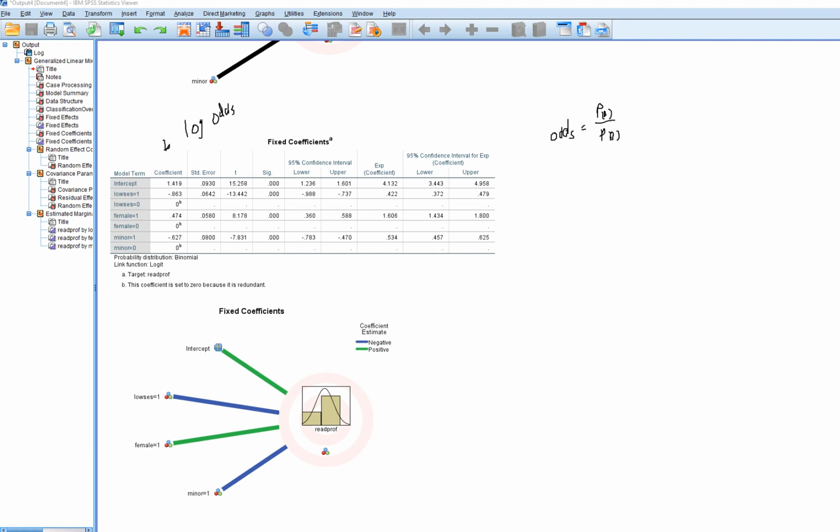If the odds are greater than 1, that indicates that the probability of falling into group A is greater than B. If it's less than 1, the probability of falling in A is less than B, or you could say the probability of falling into B is greater than A. If odds are equal to 1, you have an equal probability of falling into either of the groups.